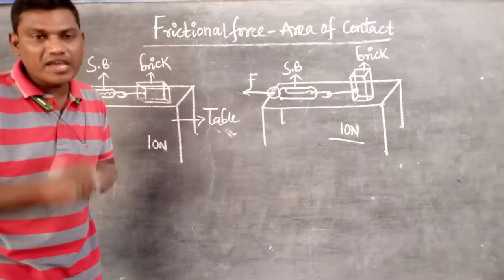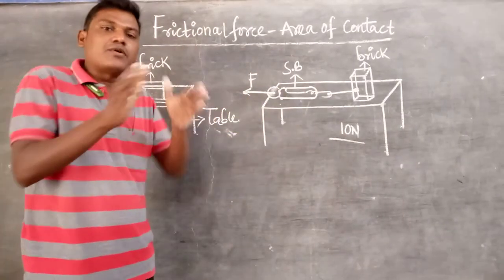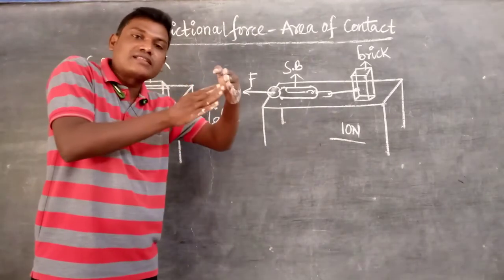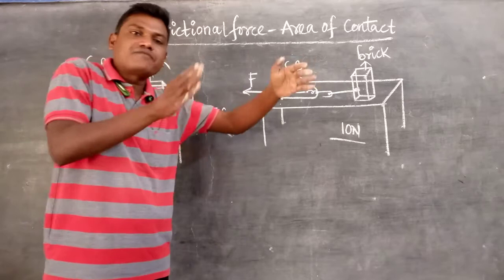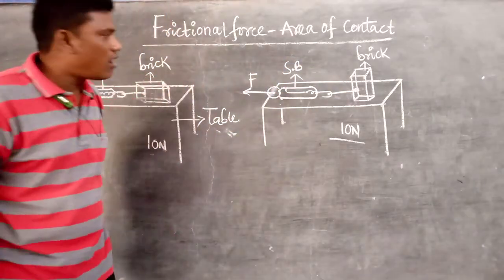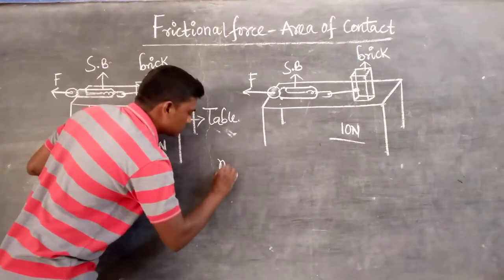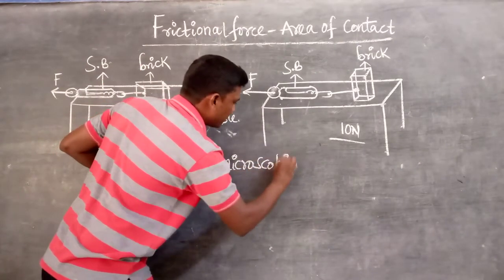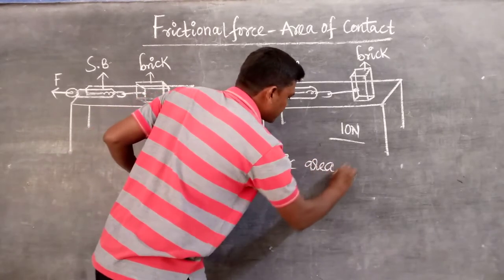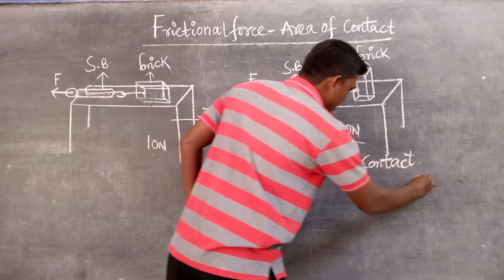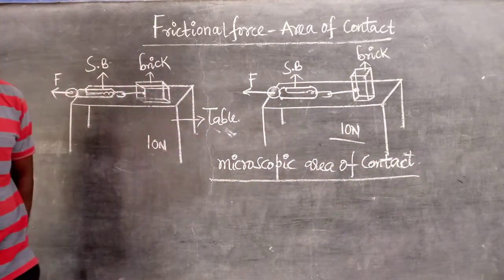But is that right? Frictional force does depend on the area of contact, but in which way? Here we can say micro and macro. The frictional force does not depend upon the apparent area of contact, but it depends upon the microscopic area of contact. What is the microscopic area of contact?